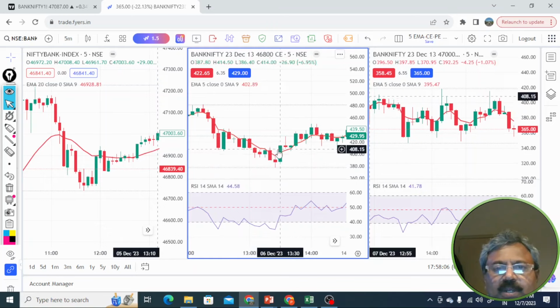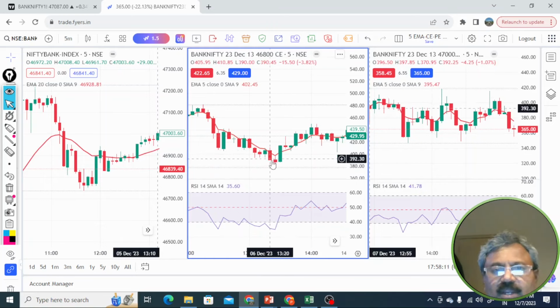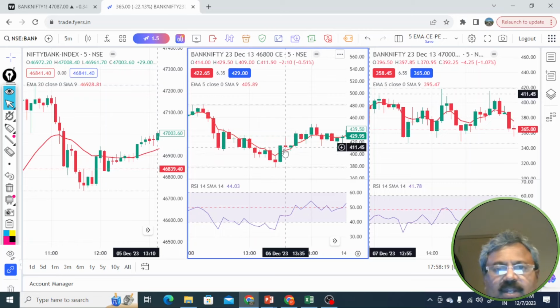So you can even take a trade above this previous candle high, which is above this 410, keeping a stop loss below this, which is 380. 410 and 380 would be approximately 30 points. 30 points is your stop loss.